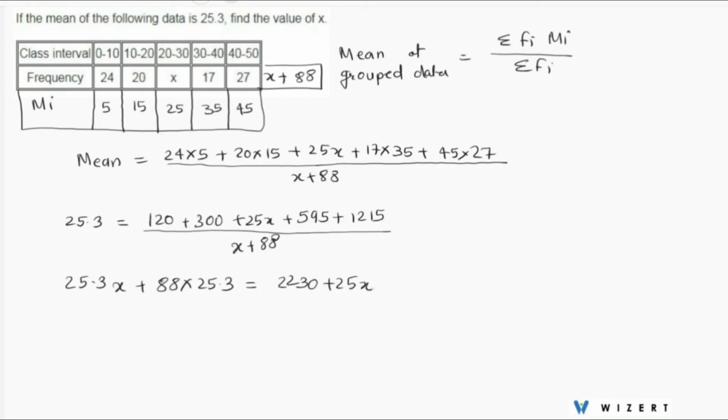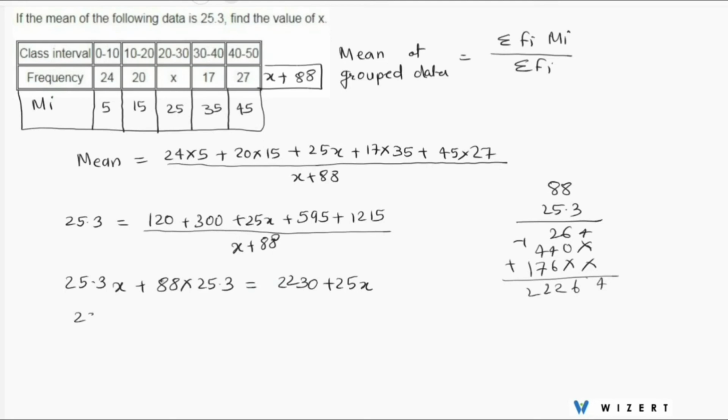So 2230 plus 25x equals 25.3 multiplied by 88, and we will have to perform this multiplication. 8 3s are 24, carry 2, and so on, giving 2226.4 with the decimal point here.